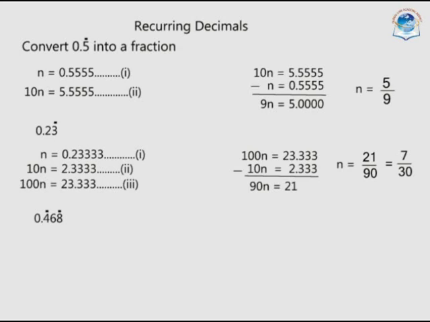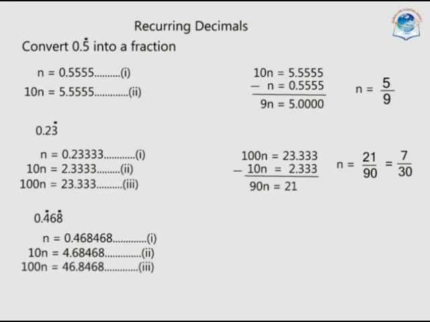Finally, 0.468 with 468 recurring. n is equal to 0.468468. 10n is equal to 4.684684. 100n is equal to 46.8468.